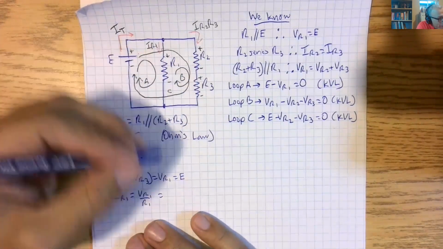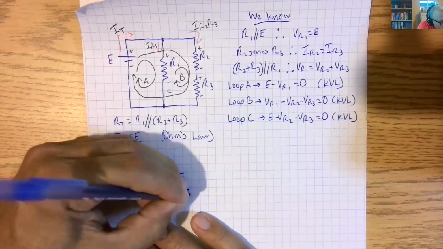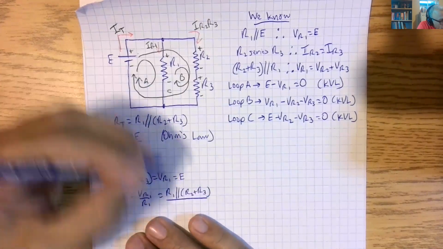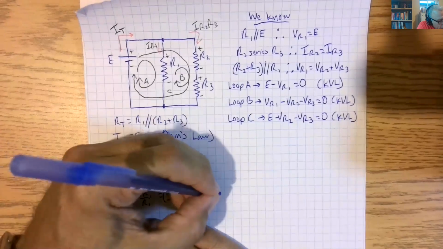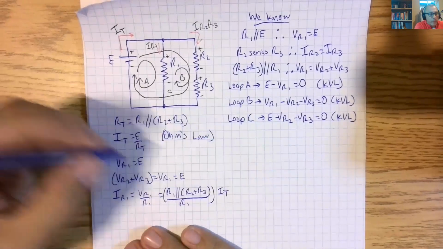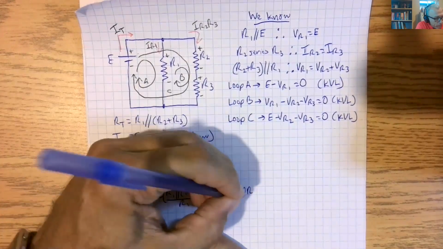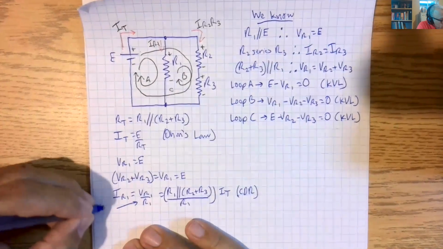So in this case, we're going to say that it's R1 in parallel with R2 plus R3 over R1 times IT. Okay? And that is the current divider rule.